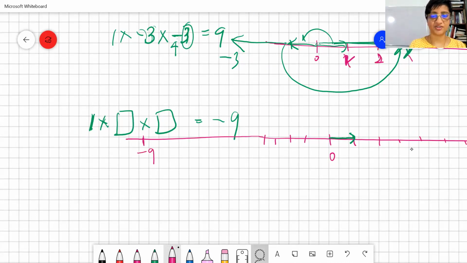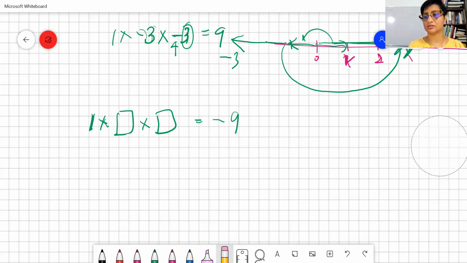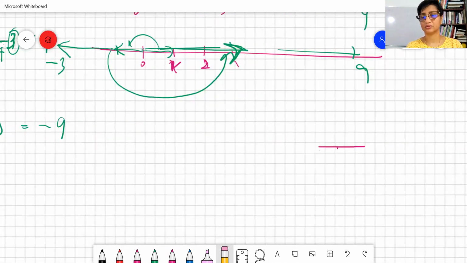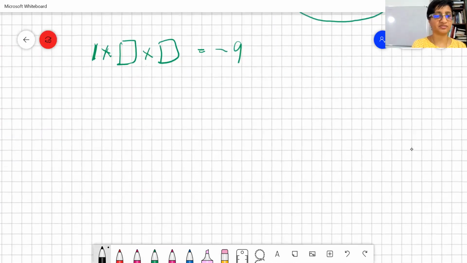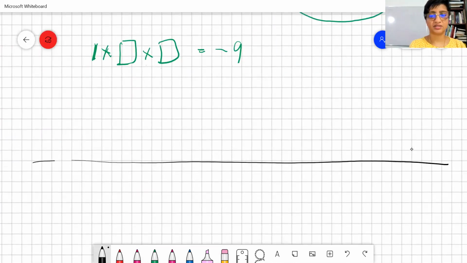Shall I redraw this a little bit? Give me a moment. I'm trying to think of this. Here's my number line. Here's 0. Here are the other numbers. Here are the negative numbers.